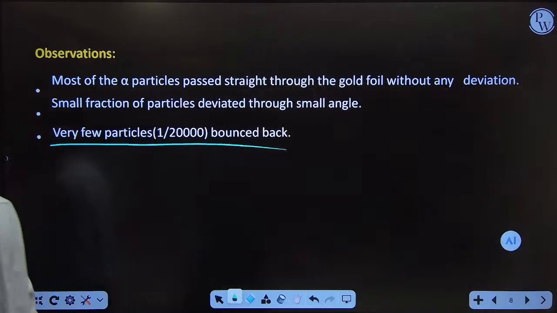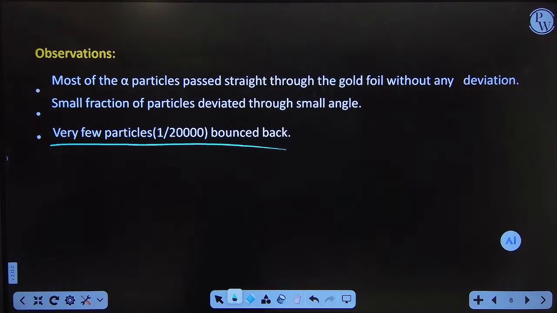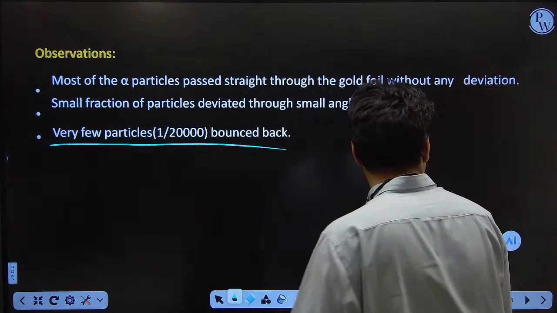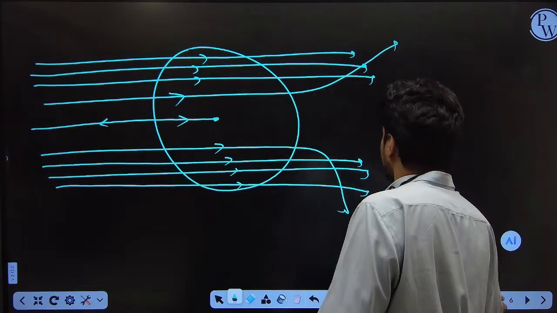Then we'll continue. Just draw the diagram a little bit by yourself, with the alpha particles bombarding the gold foil. Even if it is very rough, just write this setup.